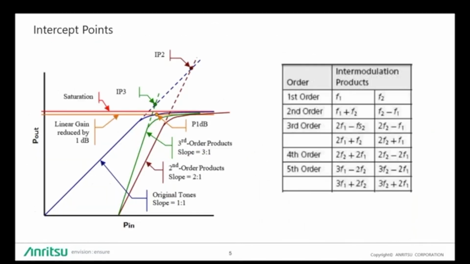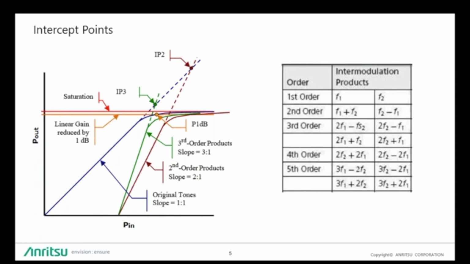Moving on. I just wanted to quickly address intercept points and what they mean. This is just a graph. The blue trace there is the original tone. What this graph shows is power in versus power out, and the slope of the blue tone in the linear region is 1:1, meaning if I increase the power by 1 dB, the output should also vary dB for dB.